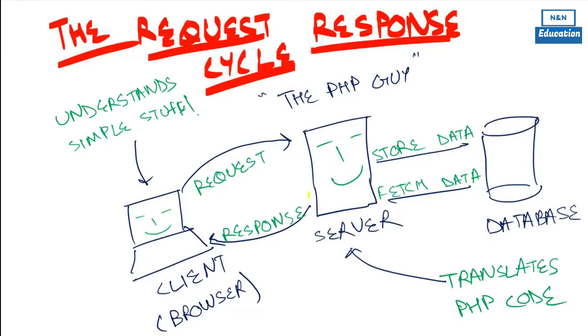And that's why the server is called the PHP guy. And optionally, the server also interacts with the database. If it is required, then some information is stored to the database, and some information is fetched back from the database, and the web pages are populated and sent to the client.